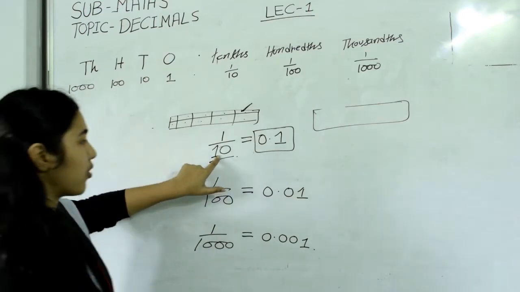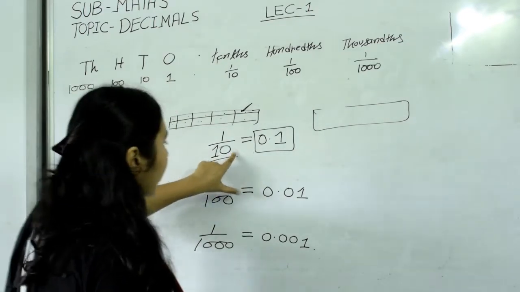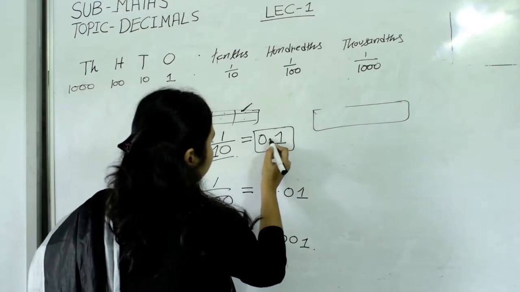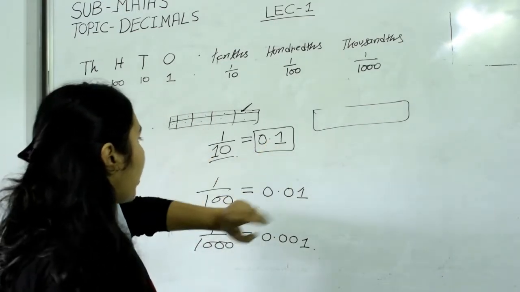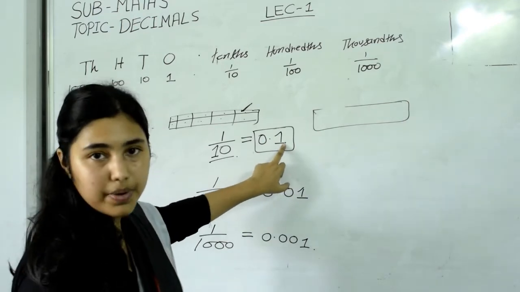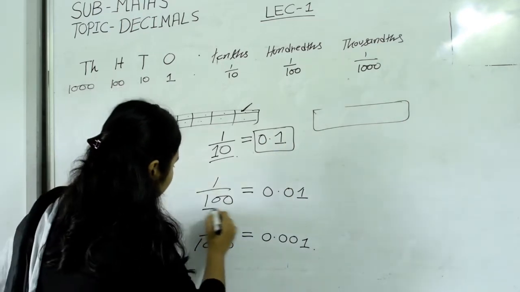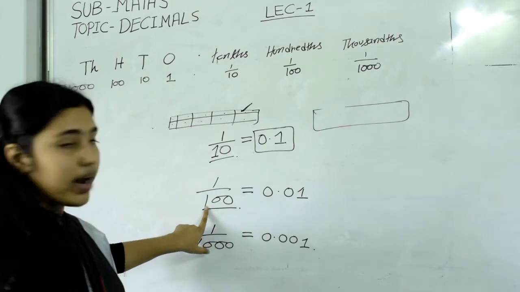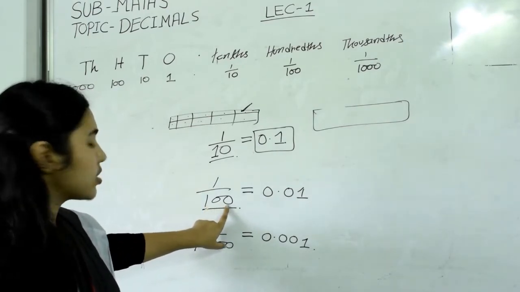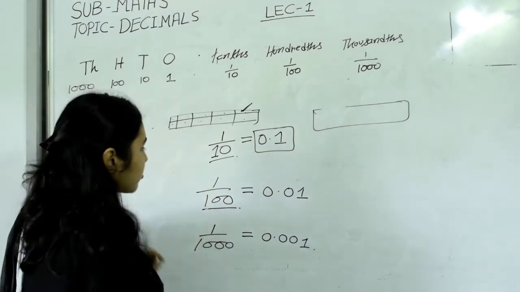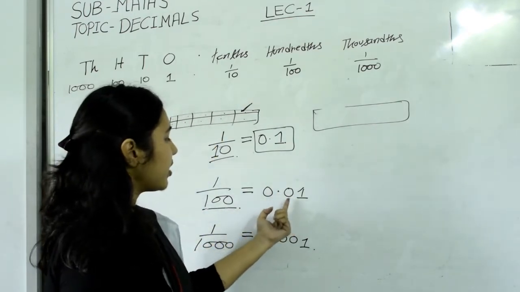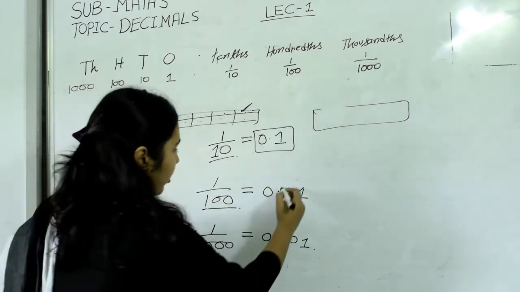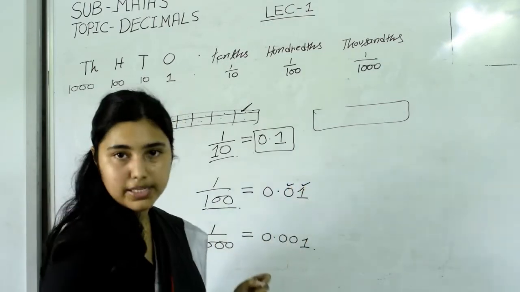Here, 1 is followed by 1 zero, that's why this decimal has 1 decimal place. Here, in the denominator, 1 is followed by 2 zeros, that's why this decimal has 2 decimal places.